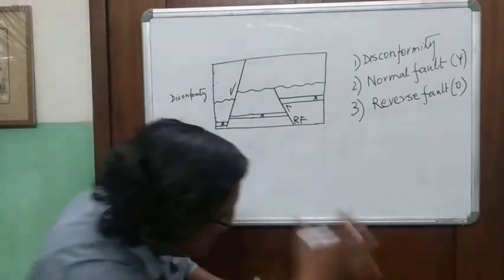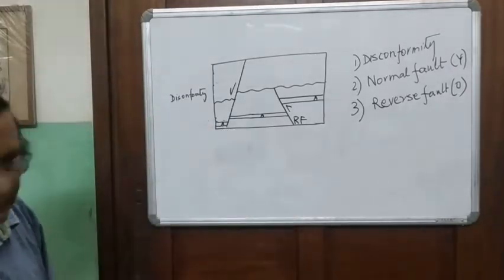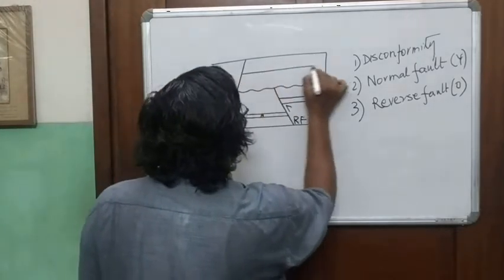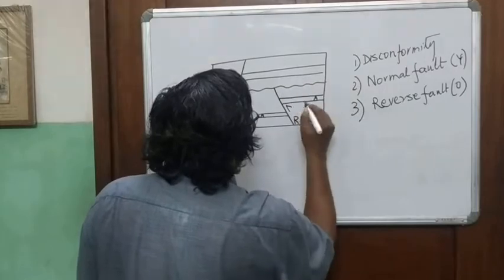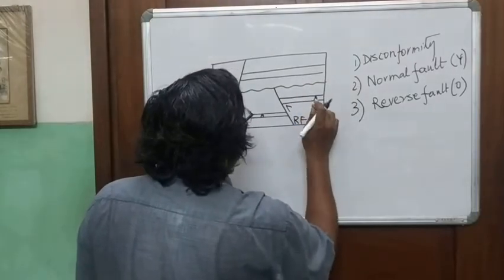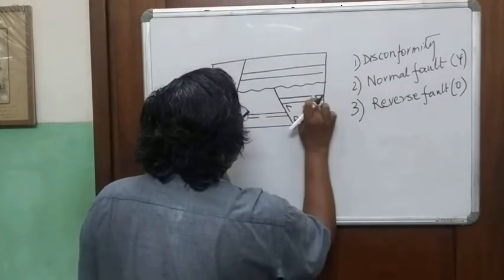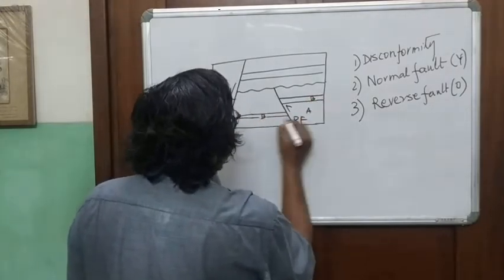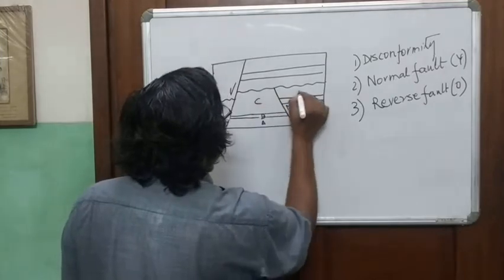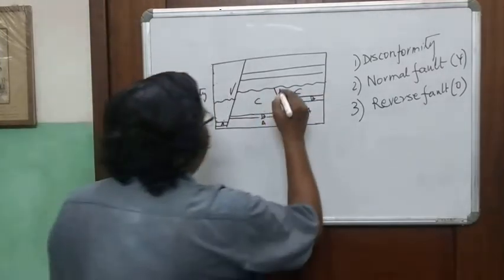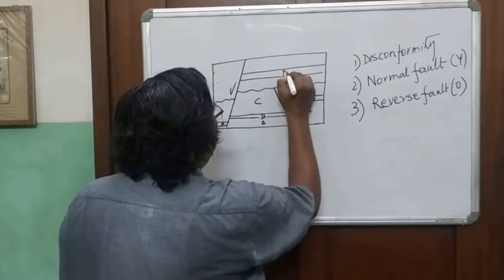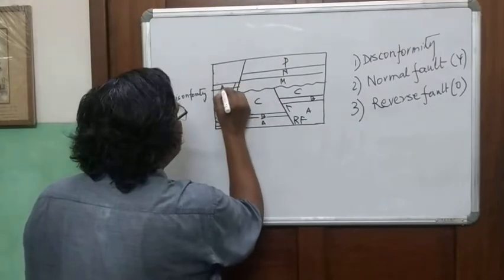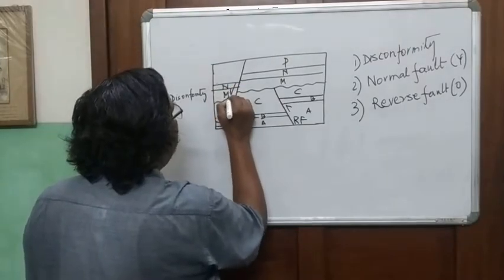What is the time scale now? Let us put another sedimentary layer here. I write this as B, this as A, this as C, and then M, N, and P.